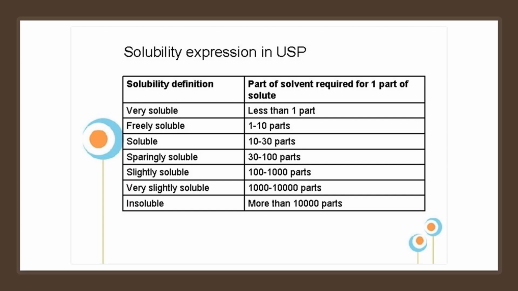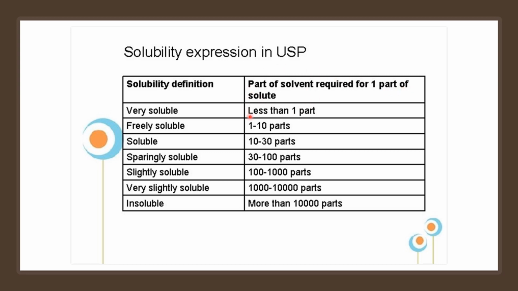Substances whose solubility values are not known are described by the following terms. This is the solubility expression of different compounds or different drugs as listed by the USP, United States Pharmacopoeia. In this table, we have the different solubility definitions, and this portion represents the parts of the solvent required for 1 part of a solute.